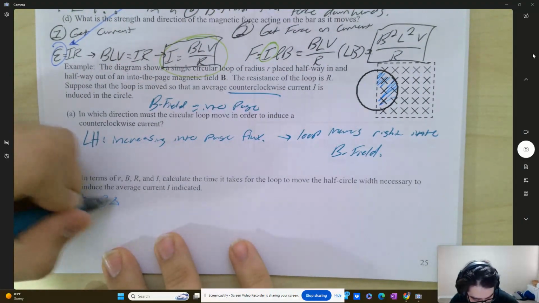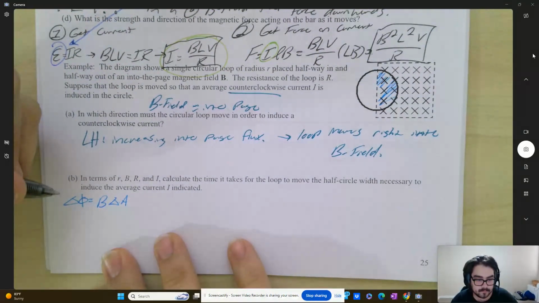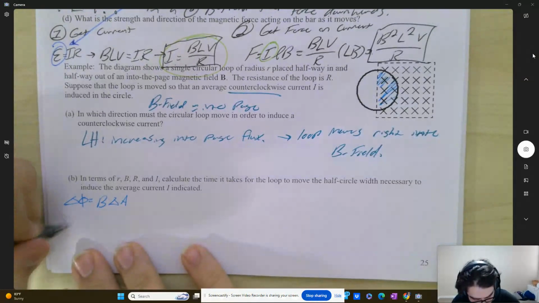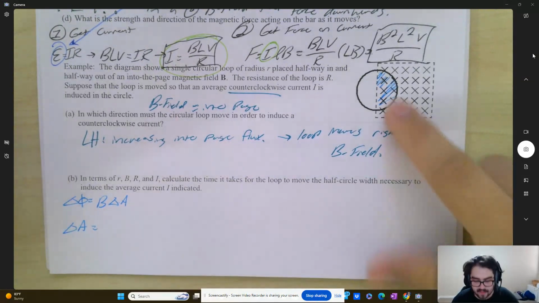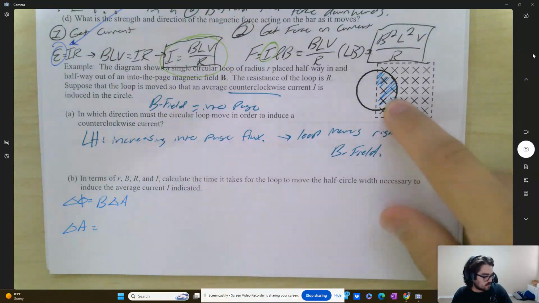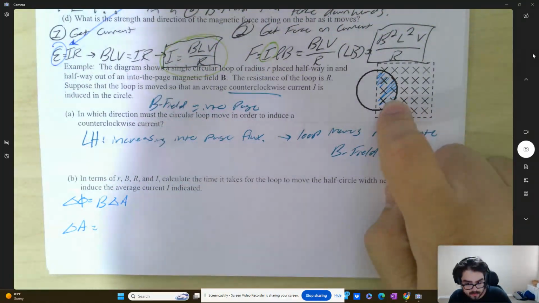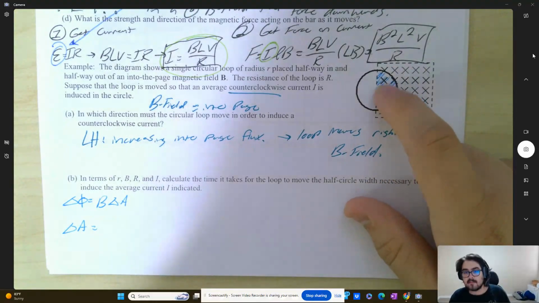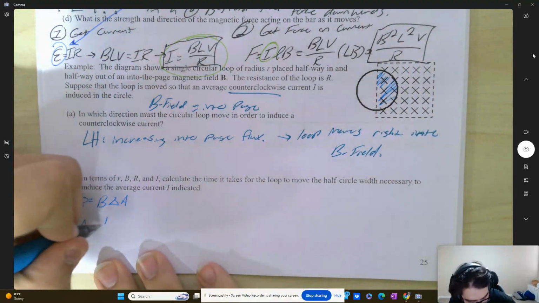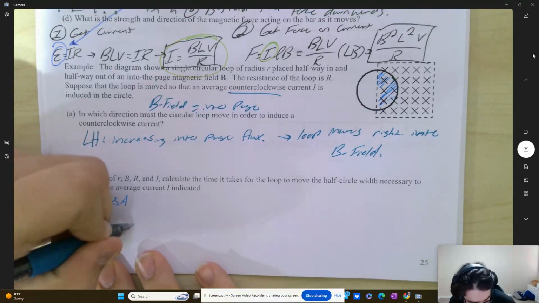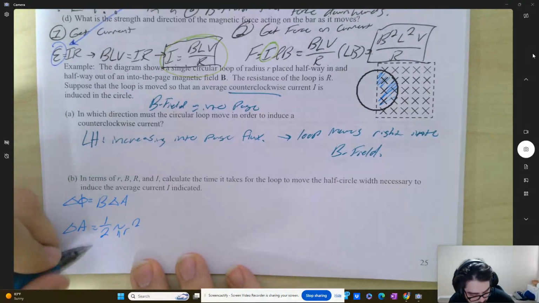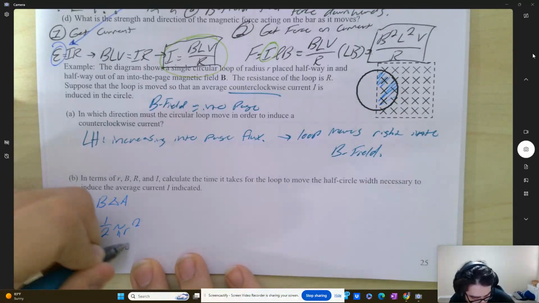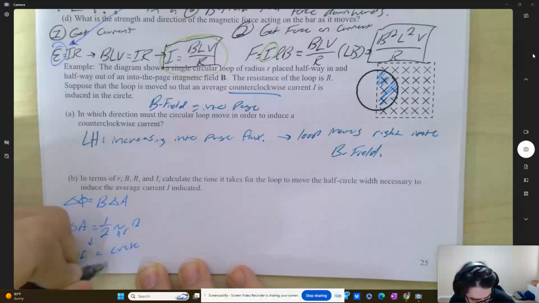Now, delta A, what's the change in area going to be? We already have half the circle in the field. The equation for area of a circle is pi r squared, but we only need to move the other half into it. Initially we start with half the area in it, but we're going to get the whole area in it. So it's just going to be 1/2 pi r squared, because half a circle enters the B field.